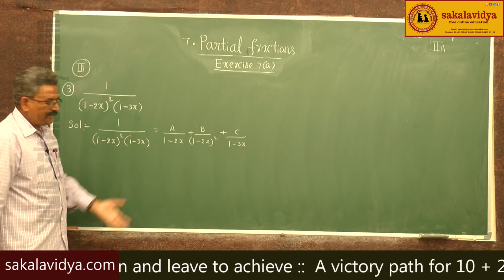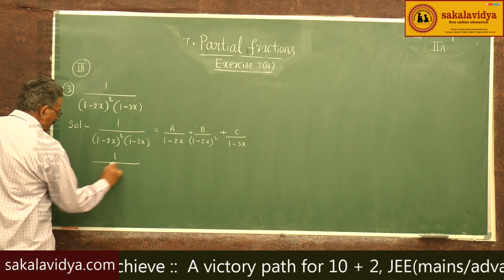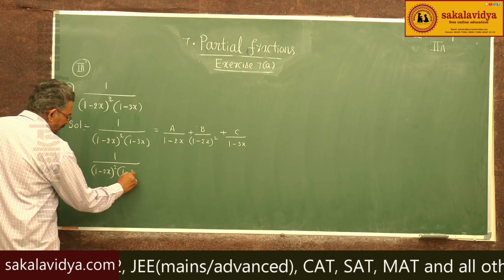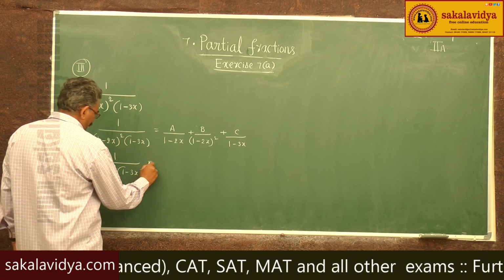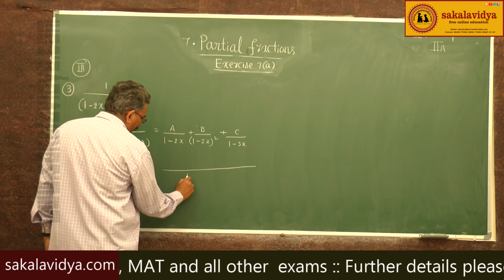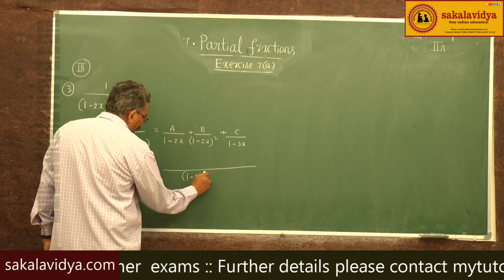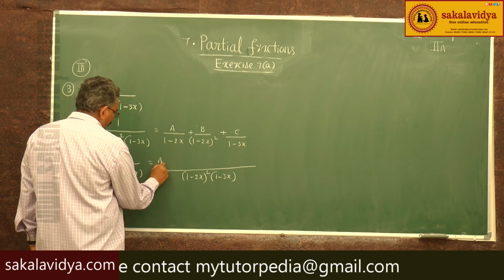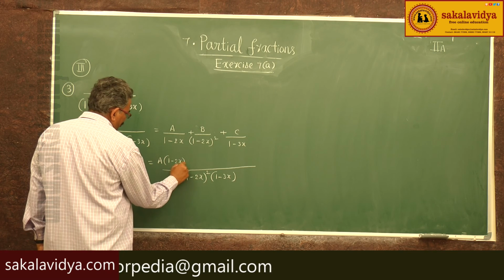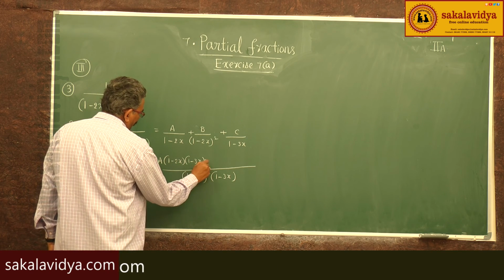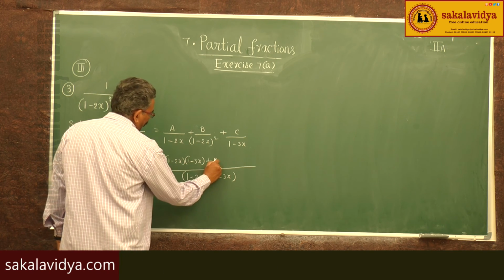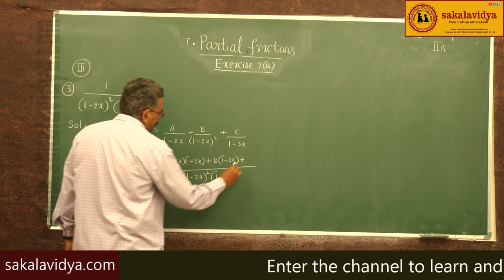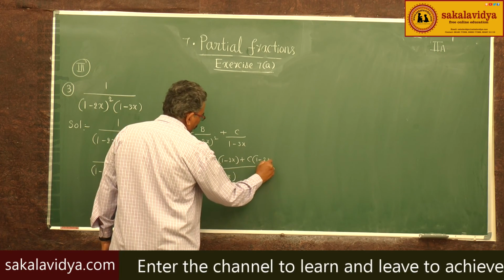Let us simplify this one. 1 by (1 minus 2x) whole square (1 minus 3x) equals, taking the common denominator, (1 minus 2x) whole square into (1 minus 3x). This is a times (1 minus 2x) into (1 minus 3x) plus b of (1 minus 3x) plus c of (1 minus 2x) whole square.